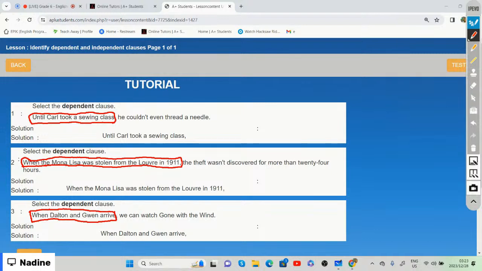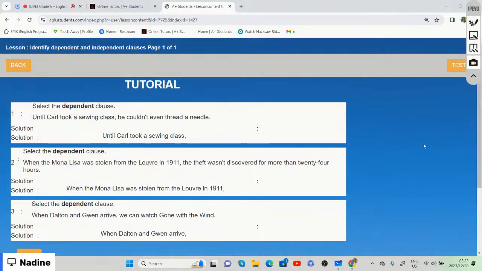And remember, the dependent clause does not express a complete thought and it cannot stand on its own. And if we have a sentence where we have both an independent and a dependent clause in one sentence, and the dependent clause starts with a subordinating conjunction, we call that a complex sentence.